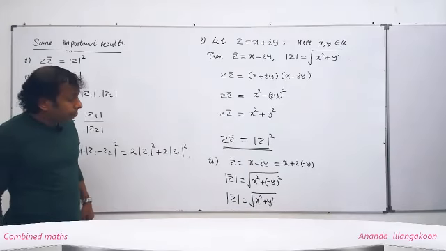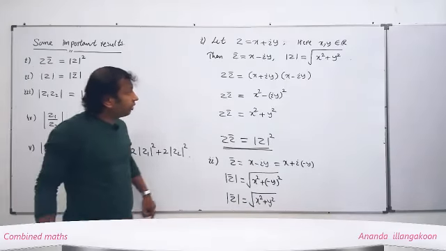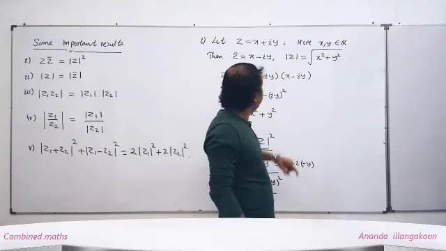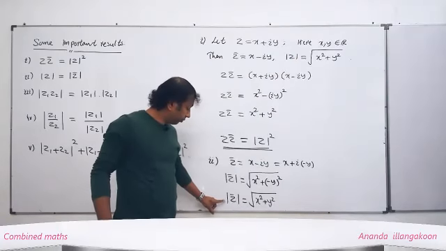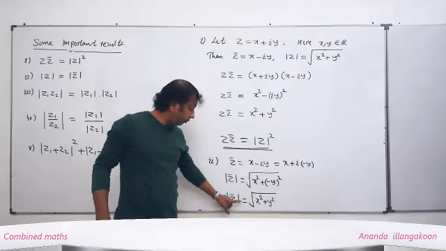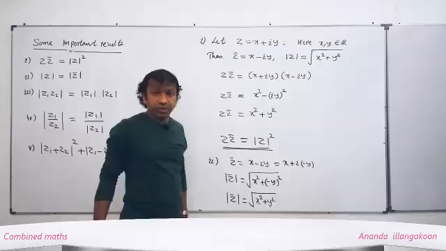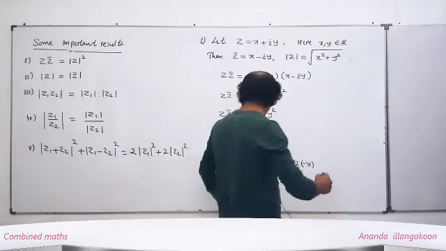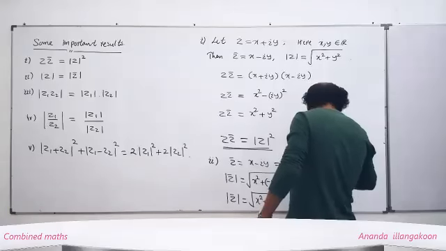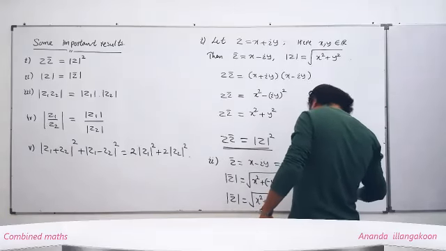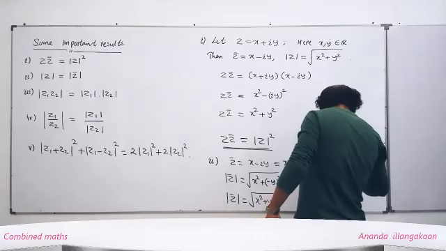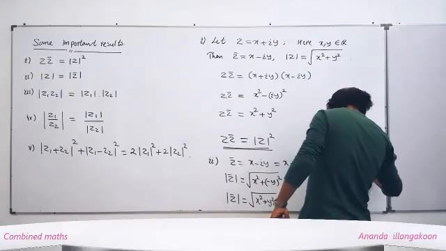Then you can see we got this for mod z and this for mod of z bar. You can see the right hand side being equal. Therefore, the left hand side is equal. Therefore, mod z is equal to mod z bar.